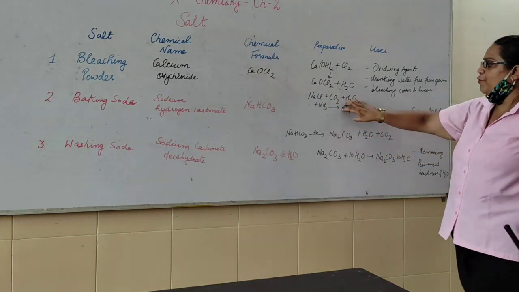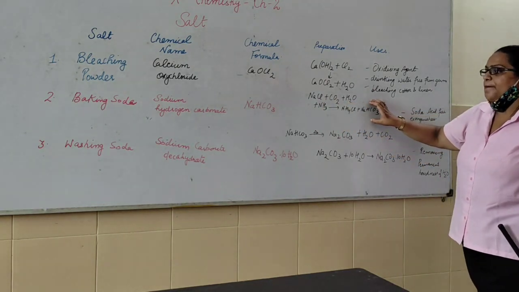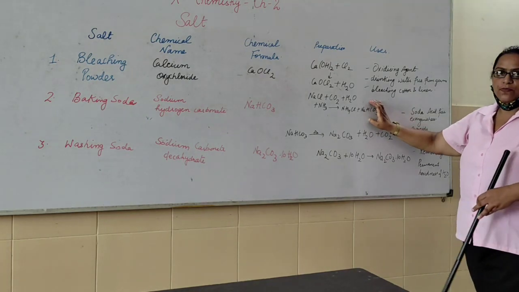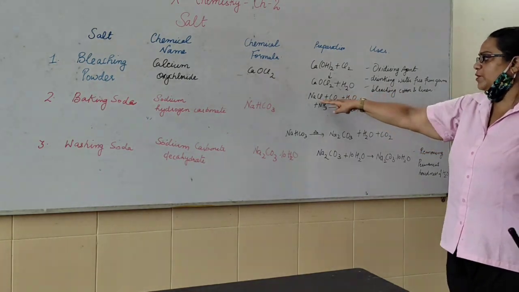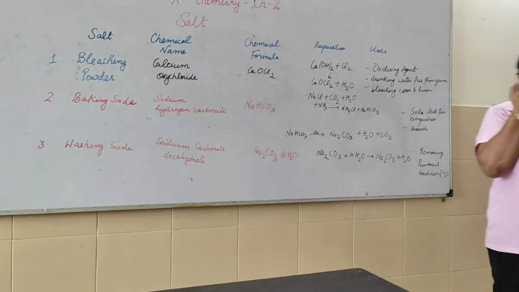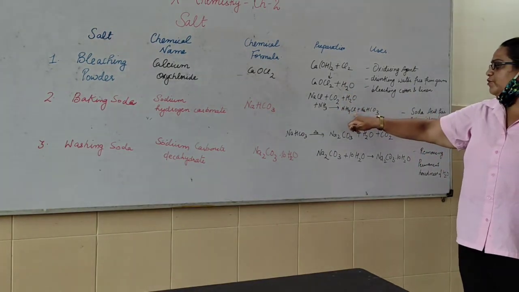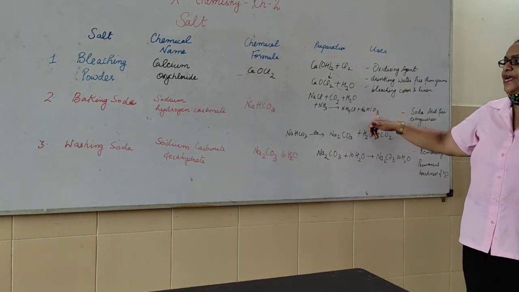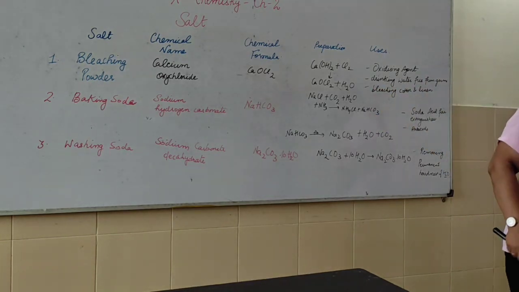They form ammonium chloride and baking soda. I repeat: sodium chloride, carbon dioxide, water and ammonia combine together to form ammonium chloride and sodium hydrogen carbonate. This is the preparation of baking soda.